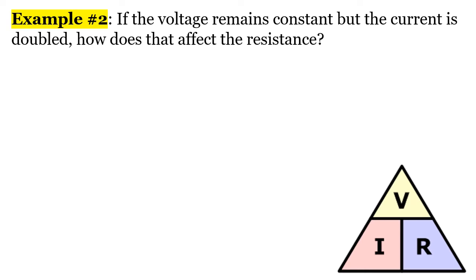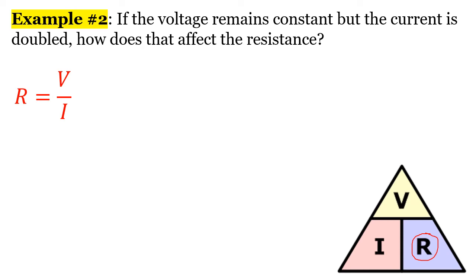If the voltage remains constant but the current is doubled, how does that affect the resistance? So this time we're looking at resistance. So using our triangle, resistance is voltage over current. And then it's telling us that we are doubling the current. Current, remember, is I. I don't know why they chose I. They like to make things difficult, right? So current is I, and we're doubling the current.